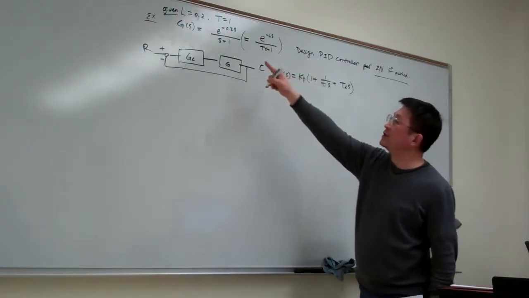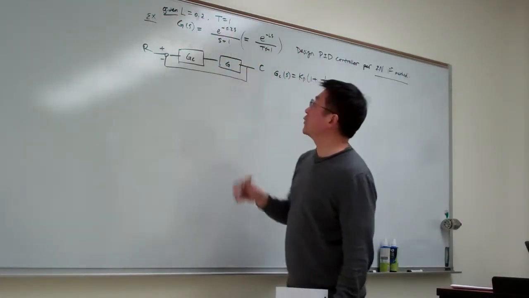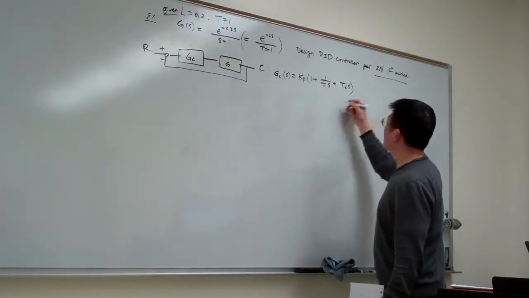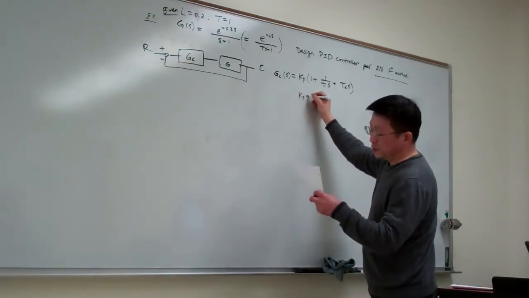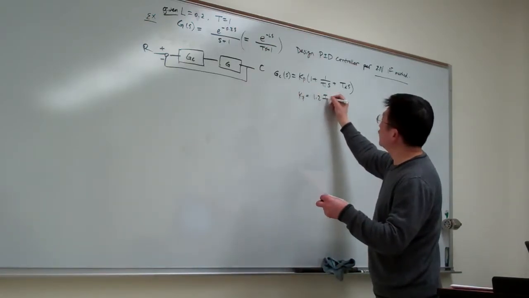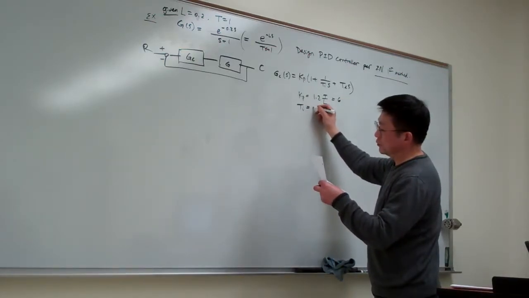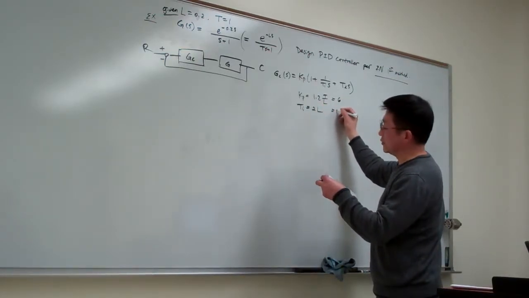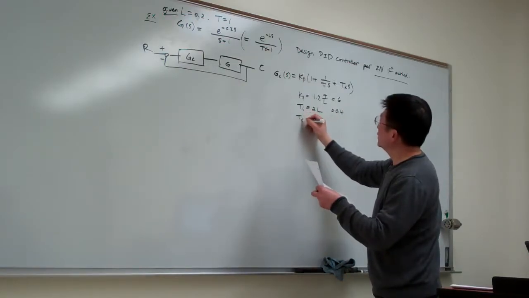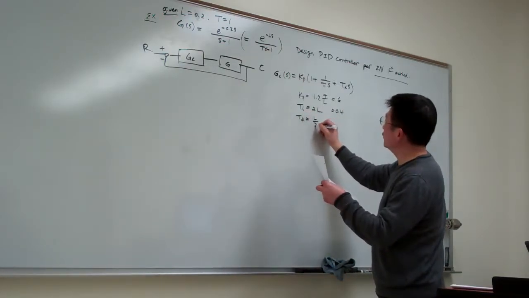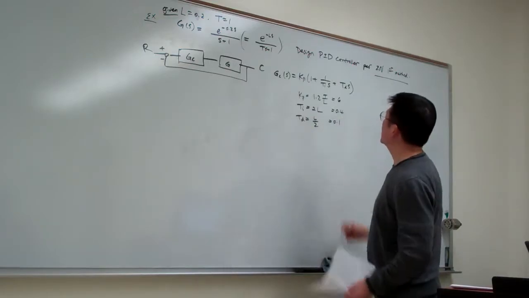Now with this given, we can say KP will be equal to 1.2 T over L, and that is equal to 6, TI equal to 2L, which is 0.4, and TD equal to L over 2, which is 0.1. Okay.